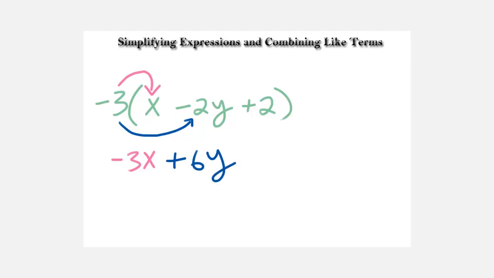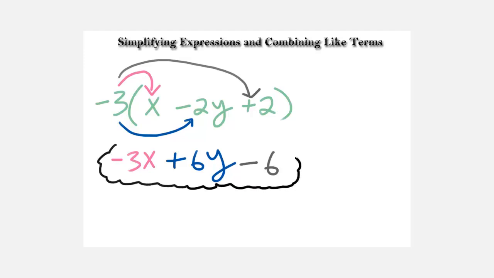And then we have negative 3 being multiplied with the positive 2, so that'll give us a negative 6. Right, so we are essentially done with this simplifying of the expression, well, for this problem at least. So it's negative 3x plus 6y minus 6.